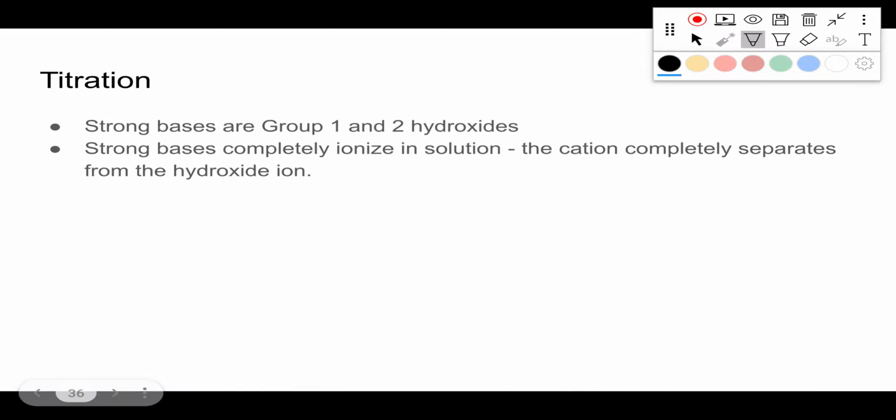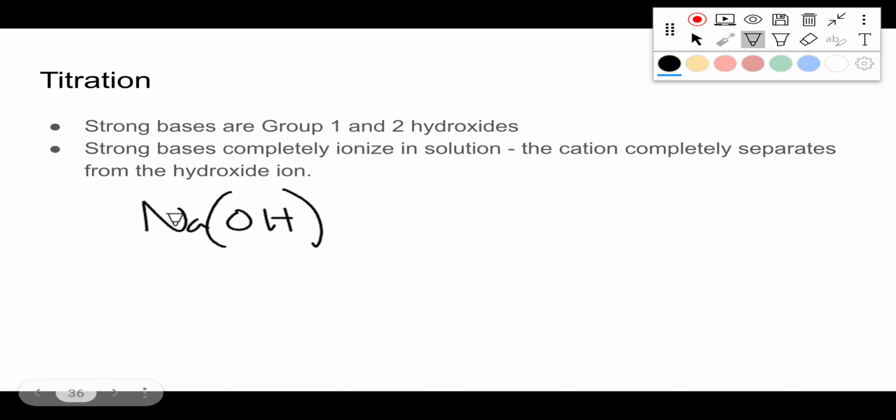Bases, again, AP simplifies this. You're going to see some different rules when you get into college level, but AP says that any metal that is bonded with hydroxide, any metal from group 1 or group 2, is going to be considered a strong base. So group 1 metals would look like this, NaOH. Remember, OH is a polyatomic ion. That's what makes a base, is the production of OH.